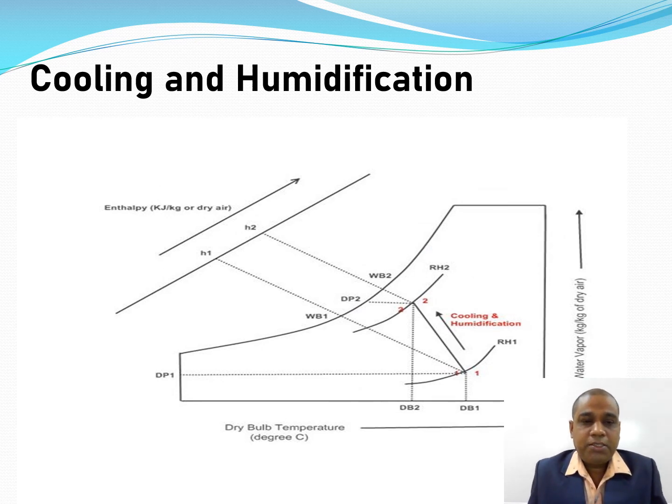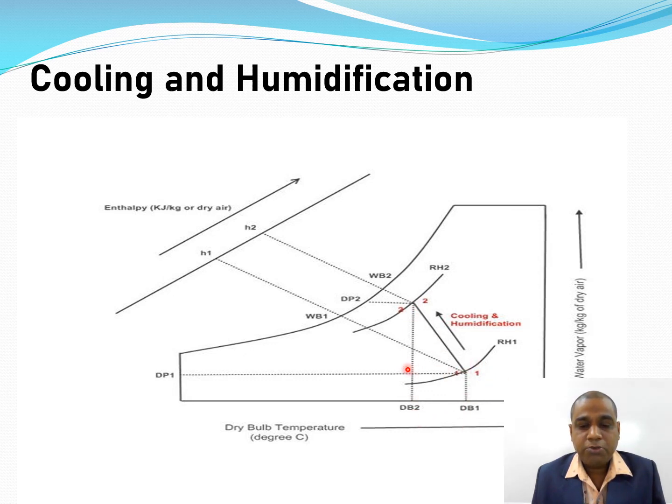So next is cooling and humidification. Suppose instead of dehumidification, we want to humidify, cooling and humidification, then the process will follow like this: the initial stage 1, and this is point 2, and this is the dry bulb temperature dB1 and the dry bulb temperature dB2.